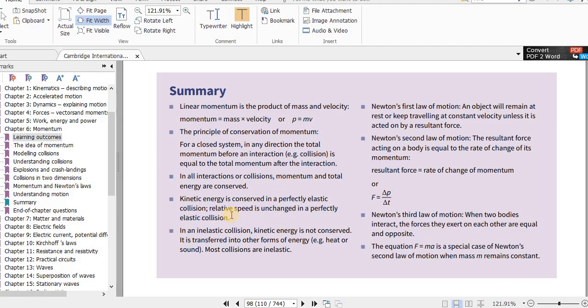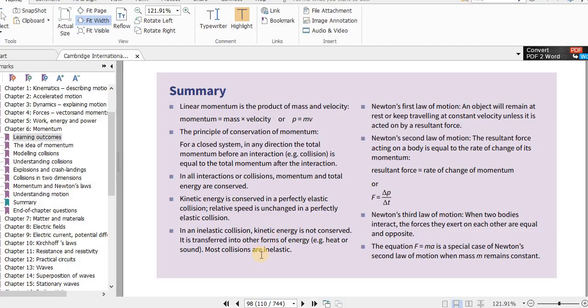Okay, so how do we say that it is a perfectly elastic collision? One thing is kinetic energy is conserved. That means total kinetic energy before equals after. Then the other way is relative speed of approach equals relative speed of separation if it's an elastic collision.